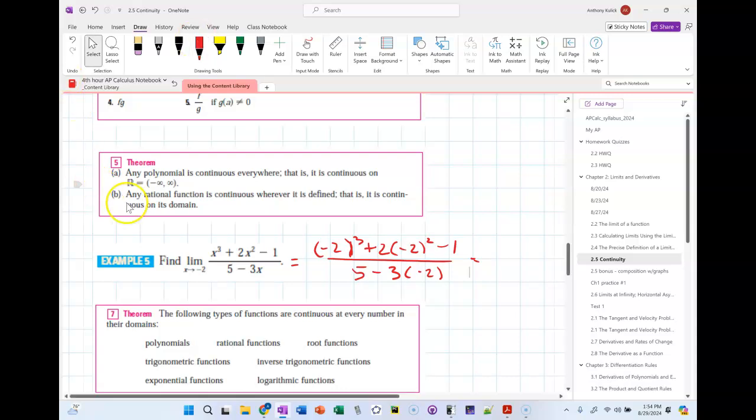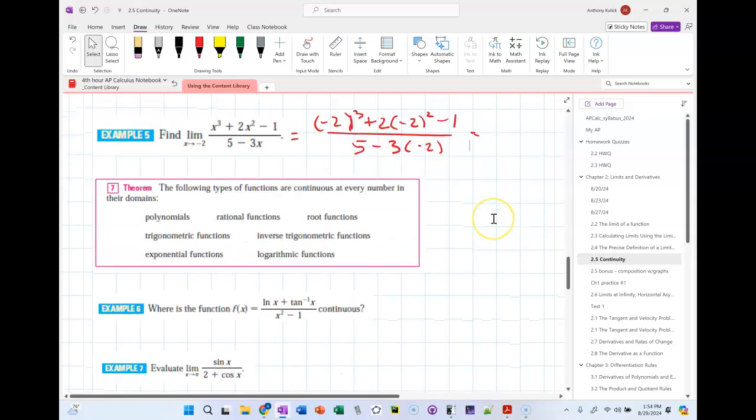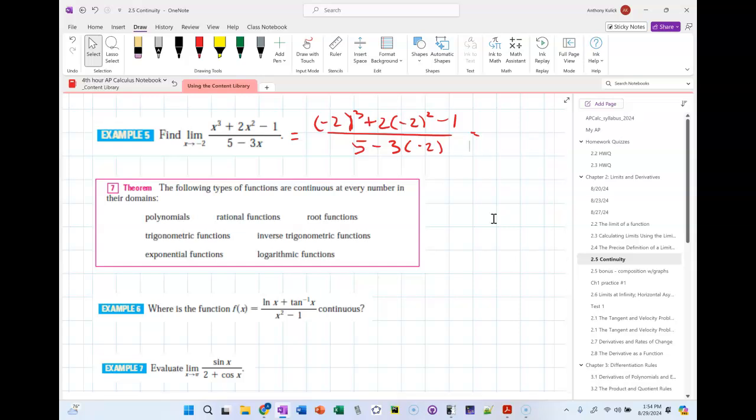Now here's a nice one. What functions are continuous over their domains? Essentially every kind of function you've studied so far: polynomials, rationals, roots, trigs, inverse trigs, exponentials, logarithmic, all continuous over their domains.